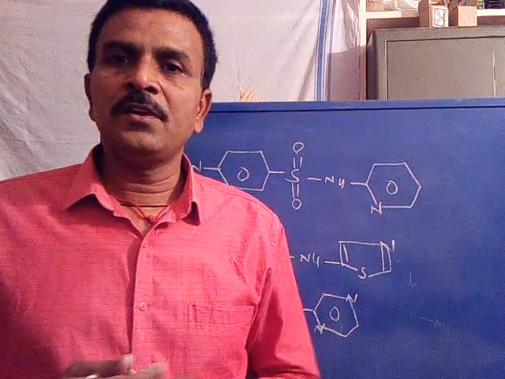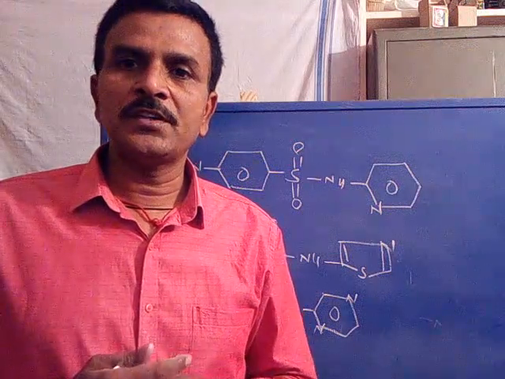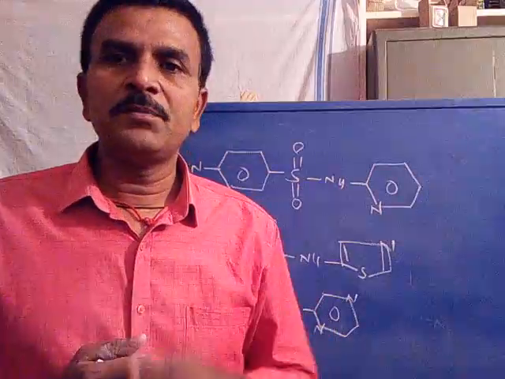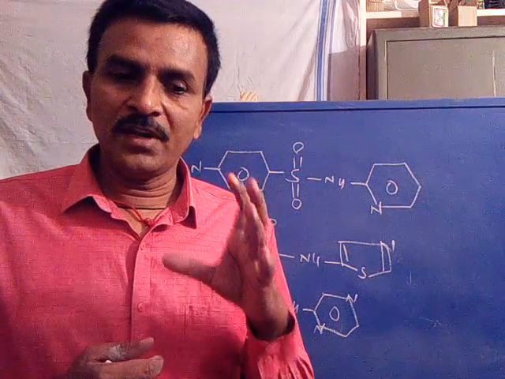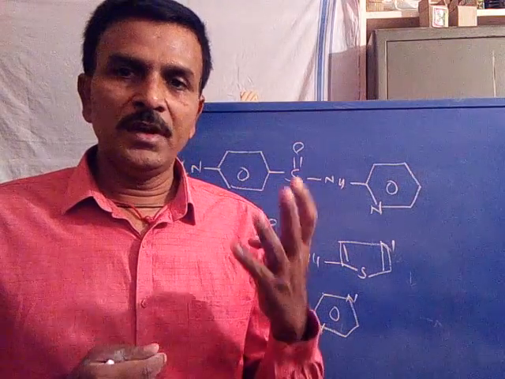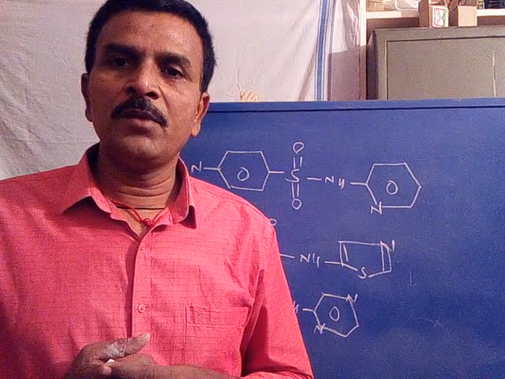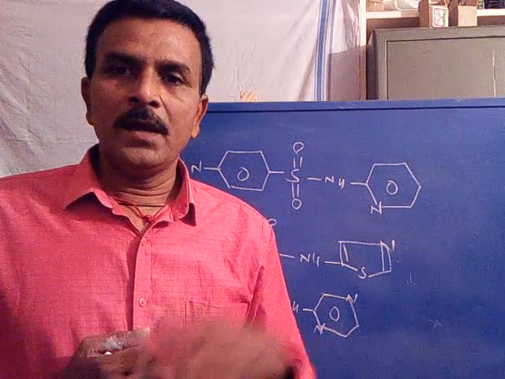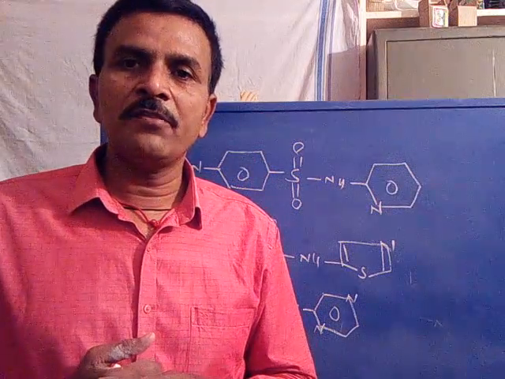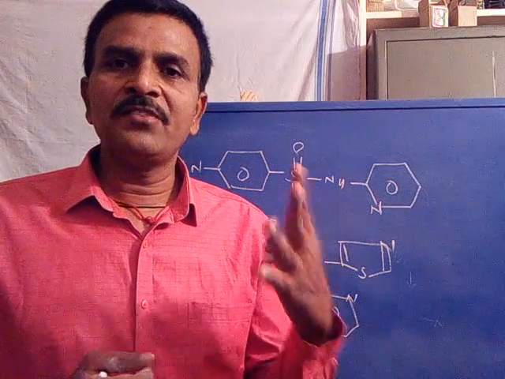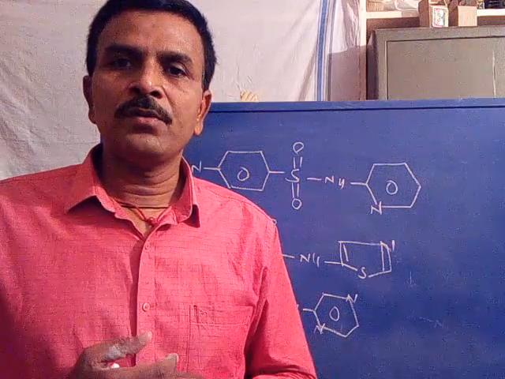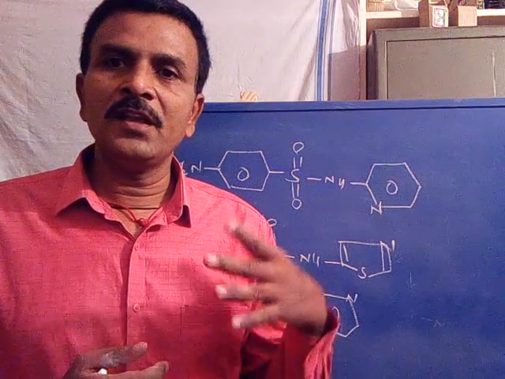Now in the next class we will discuss two structure activity relationship studies, and with that class the chapter will be completed. The second chapter includes 11 strategies for structural modification, 4 drug discoveries and 3 structure activity relationship studies. 11 strategies I have completed, and out of 4 drug discoveries, 1 drug discovery we discussed in this class.